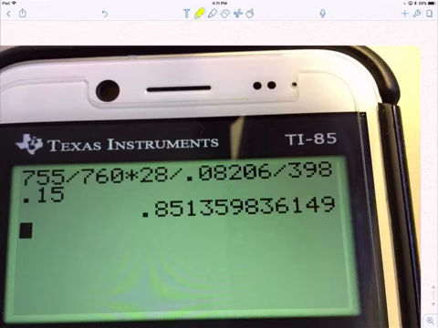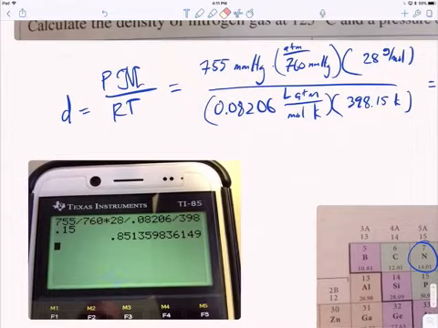Let's say you didn't put that and you put a multiplication sign here. What the calculator would do is go left to right: this number divided by that number times 28 divided by this number. Then there would be this whole number here, and then it would multiply it by 398. So remember that when you're putting things in your calculator, make sure that you have the proper order of operations.